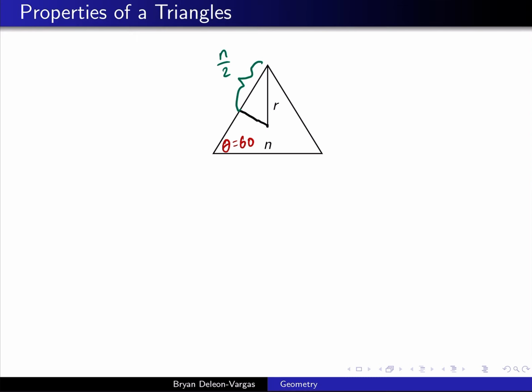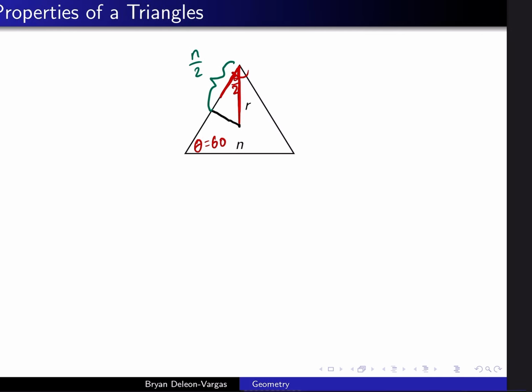I'm going to just call this theta over 2 because this angle here is also bisected by this line right here. That means our angle here is theta over 2. And we know that theta is equal to 60 degrees. All right, let's continue.